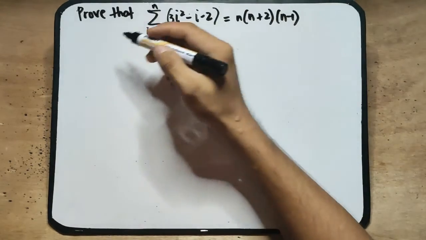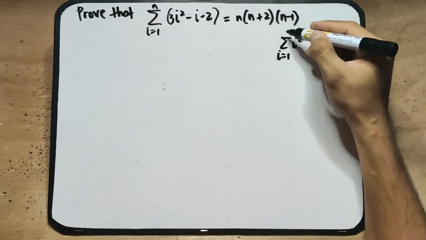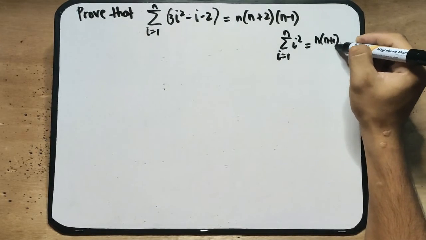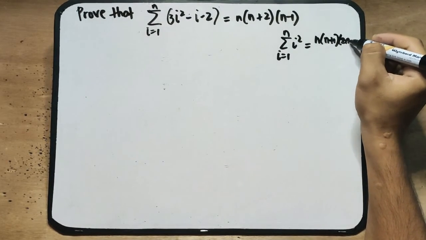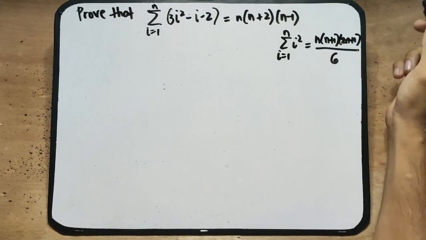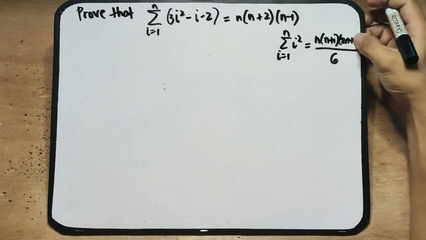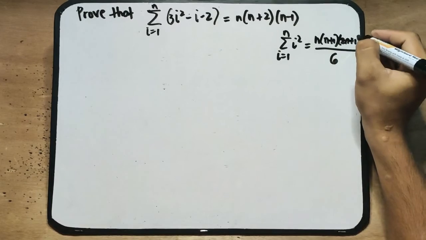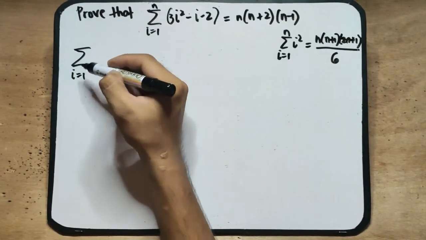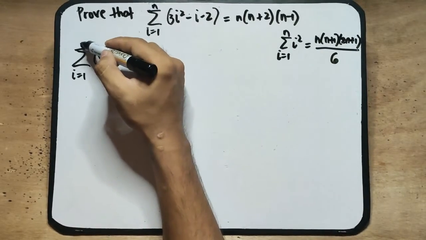So, we use the fact that the summation of I squared from 1 to n is equivalent to n times n plus 1 times 2n plus 1 all over 6. This is our formula for the summation of I squared. So, we bring down this one, the summation of 3i squared minus I minus 2 from 1 to n.